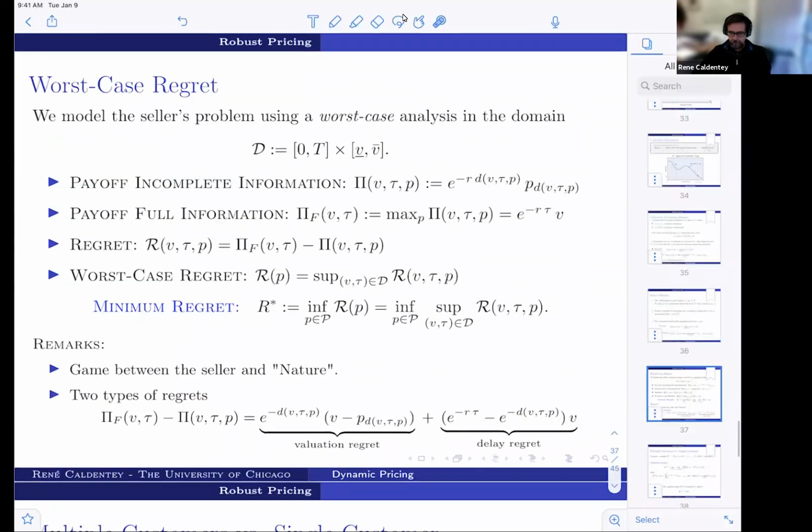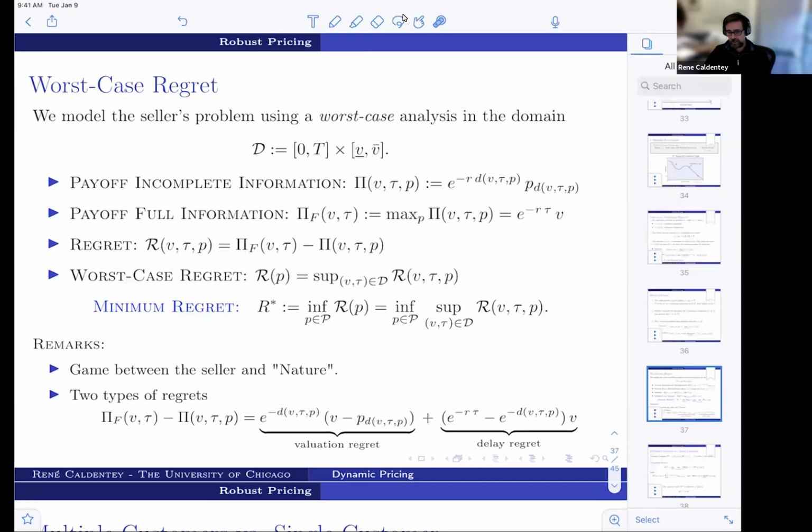Okay. Now, what we want to do then is to formulate this as a regret problem. So again, this would be the payoff that the company will make. The payoff that the company makes out of a customer that has type V tau, when the company sets the price trajectory P, would be precisely the price at which the buyer buys at this time D, discounted by the time at which the customer buys.